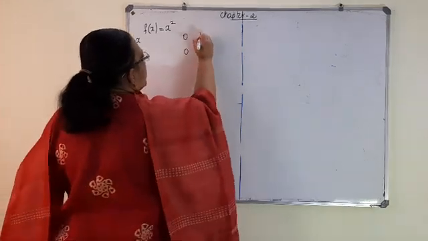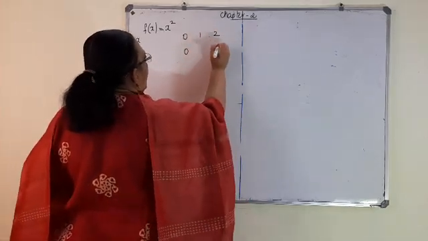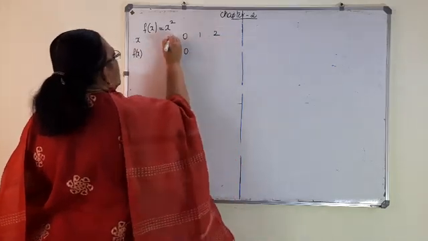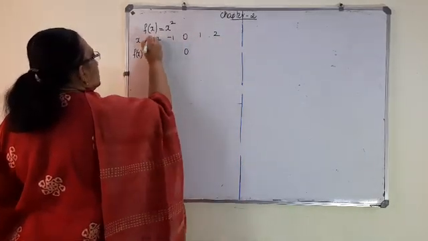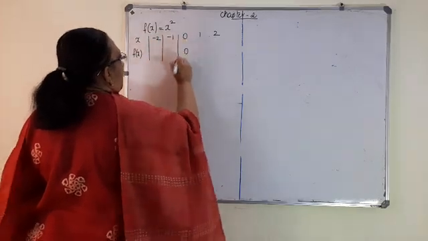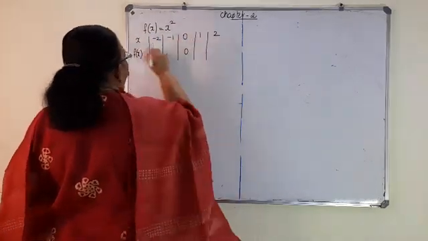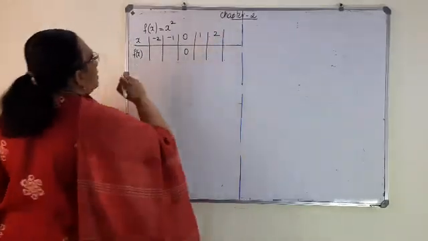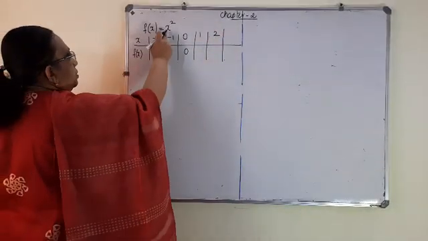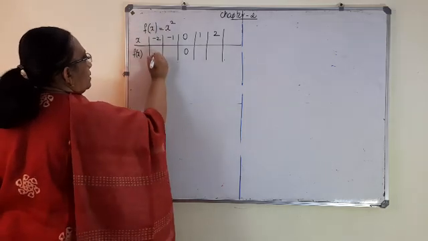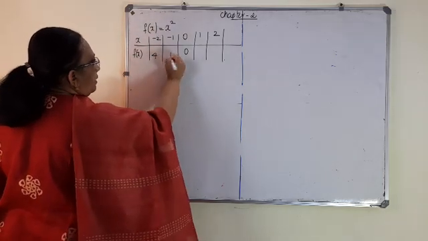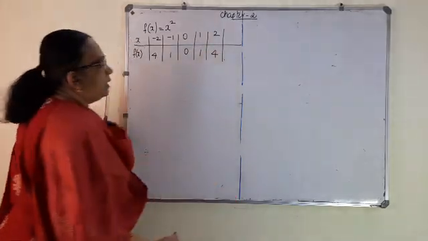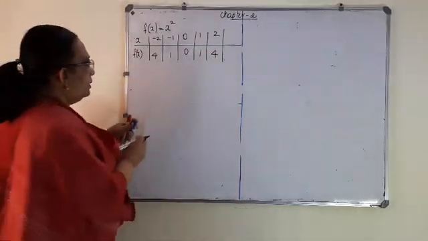I take some positive values 1, 2, negative values minus 1, minus 2. When x is equal to minus 2, the square is equal to 4, minus 1 it is equal to 1, 1, 1, 2 squared is equal to 4. What about the graph?